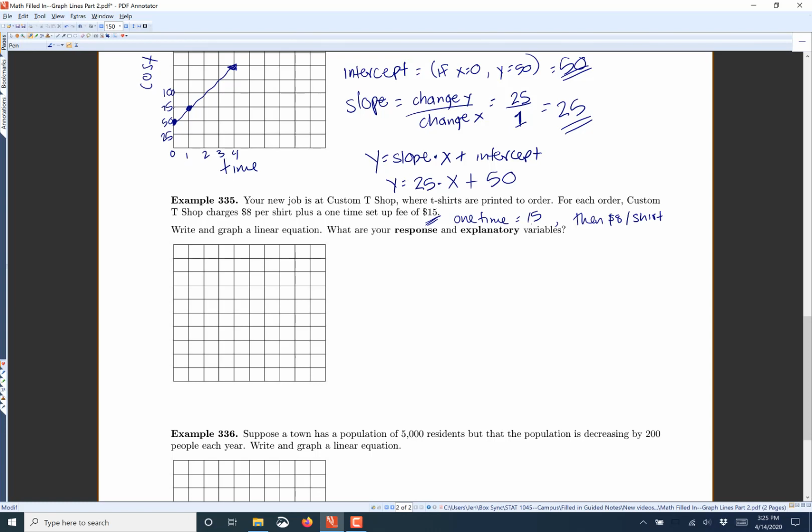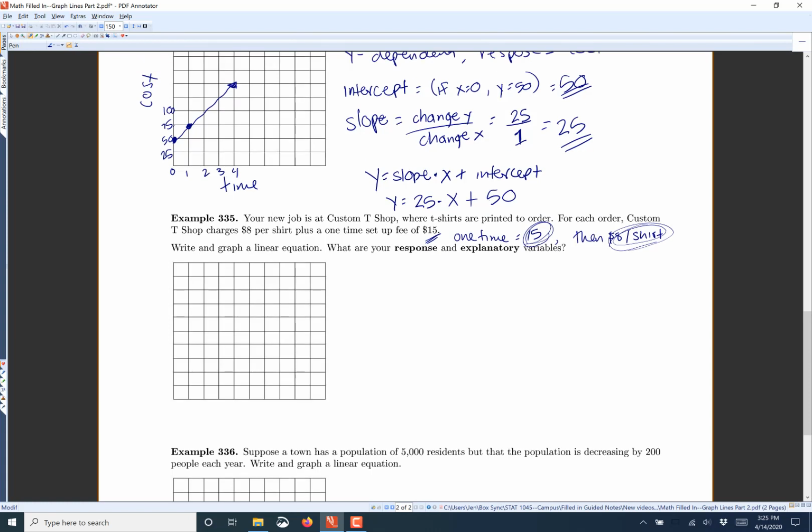So the one-time fee is always going to be your intercept. The slope is going to be the per shirt. Okay, let's start with what are your response and explanatory variables. So your response, or your Y value, is going to be what you want to predict.